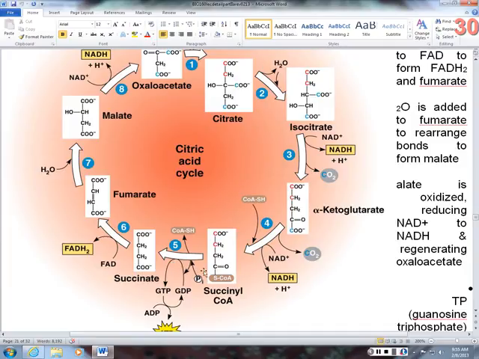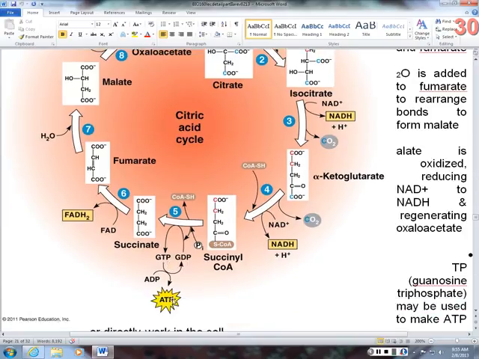And then we're going to rearrange this to succinate. We pull off the CoA portion, and we're going to get more energy released. This time it's released in the form of GTP. And then that GTP ends up transferring its phosphate onto an ADP to make ATP.